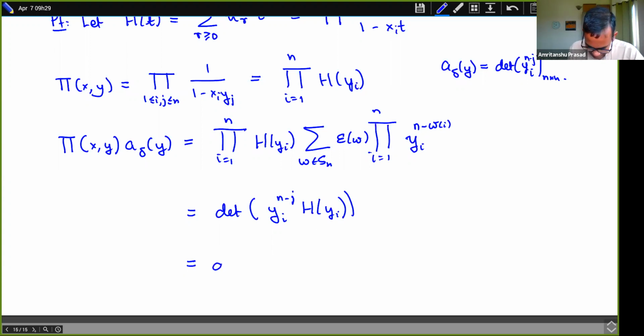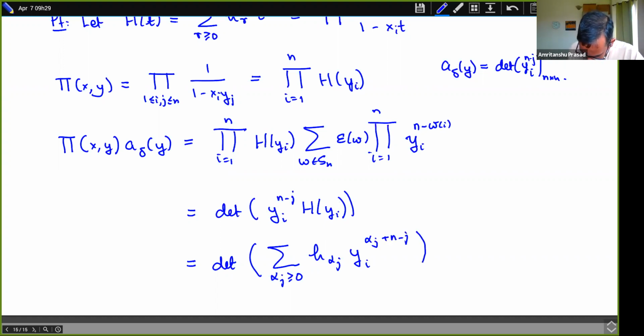I can write this as the determinant of the summation over alpha j greater than or equal to 0 of h alpha j, and then we have yi to the power alpha j, but clubbing it with this, I'll write it as yi to the alpha j plus n minus j. I hope that's clear.